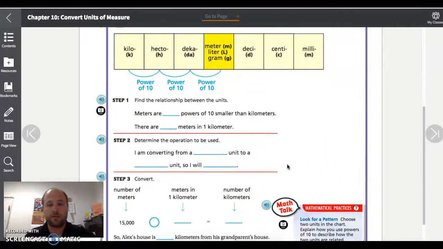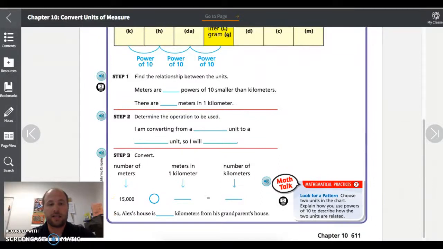Come on down to converting. We're going to take our 15,000 meters here in the yellow, divided by what? What did we decide on? 1,000 kilometers, right? 10 to the third power. So 15,000 divided by 1,000. What's 15 divided by 1? Take away your 3 zeros, boom, boom, boom, and your 3 zeros there, boom, boom, boom. 15 divided by 1 is 15.